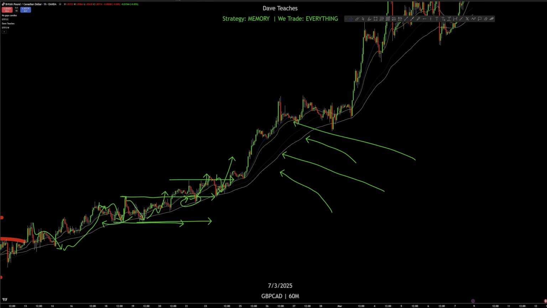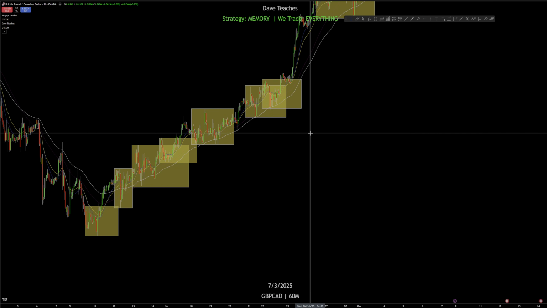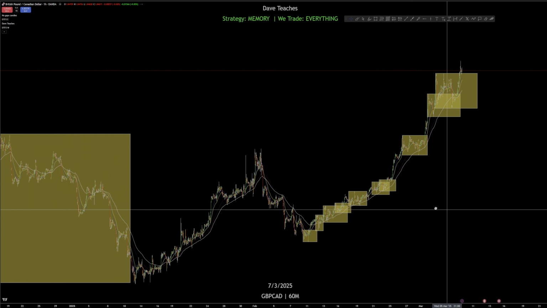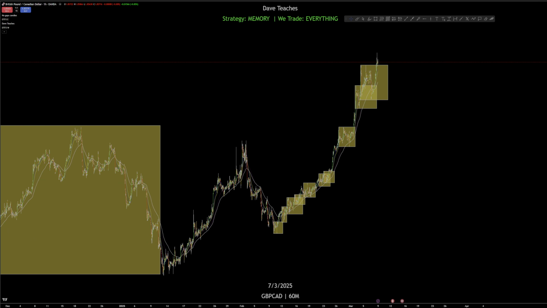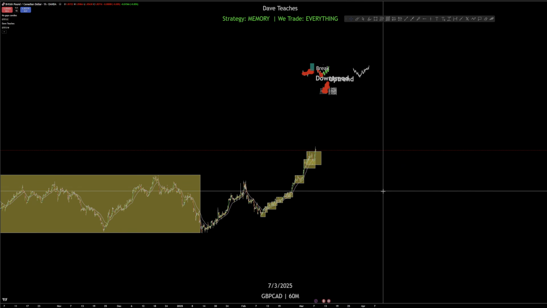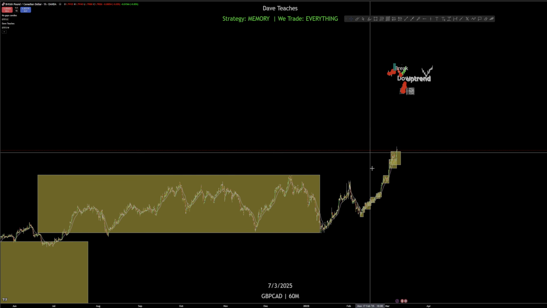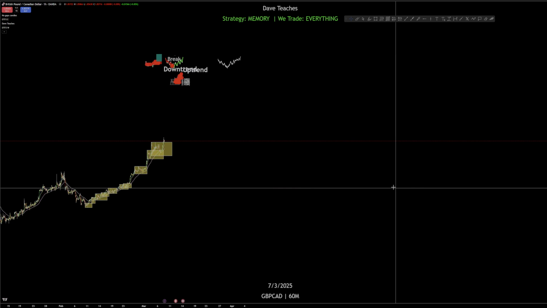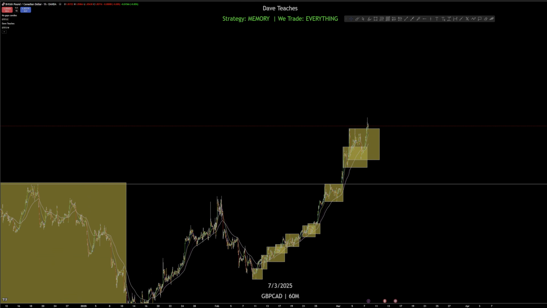You just have to understand that that's when the higher time frame ends up being in control. So when we see that higher time frame in control, we have to let that higher time frame move play out. We cannot try to be a hero and turn price around with our penny lot, thinking that price has to respect the drawing that we put there. It does not have to. So now we're up here.